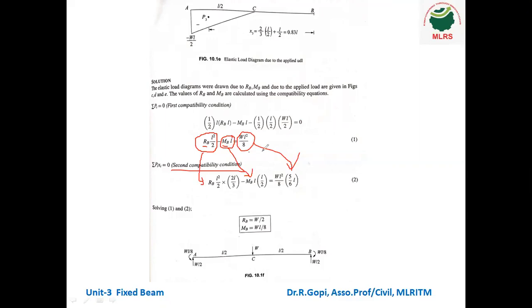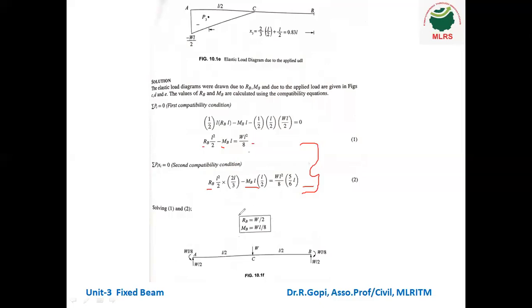Okay, so now we have two equations. That means this is one equation, this is two equation. So if you simplify this, here also RB MB unknown, here also RB MB unknown. So if you solve these two equations, we get RB value W by 2 and MB value WL by 8.